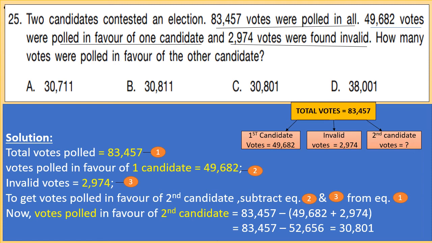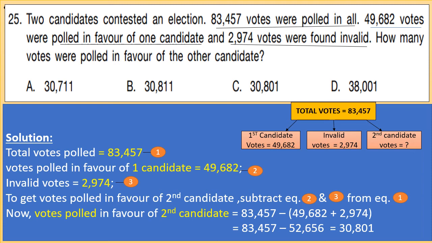This is equation 3. Now to get votes polled in favor of second candidate, subtract equation 2 and 3 from equation 1. So now votes polled in favor of second candidate equals 83,457, which is total number of votes, minus 49,682, this is first candidate votes, plus 2,974, this is invalid votes.